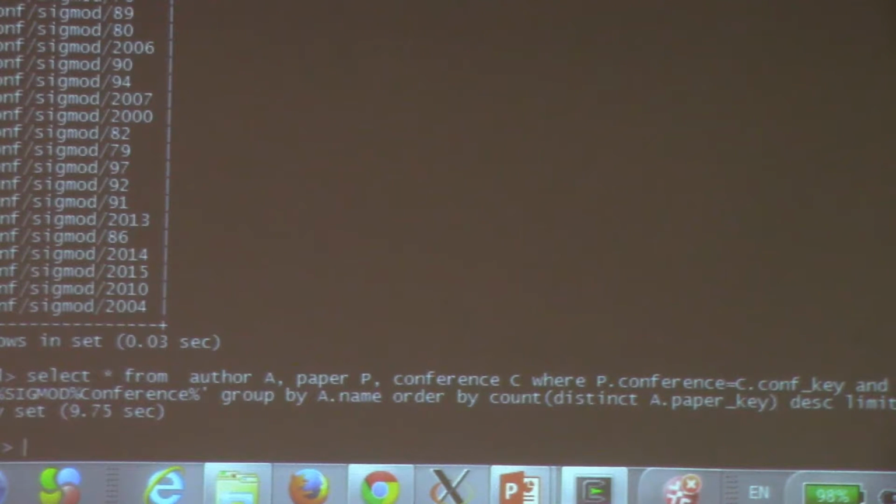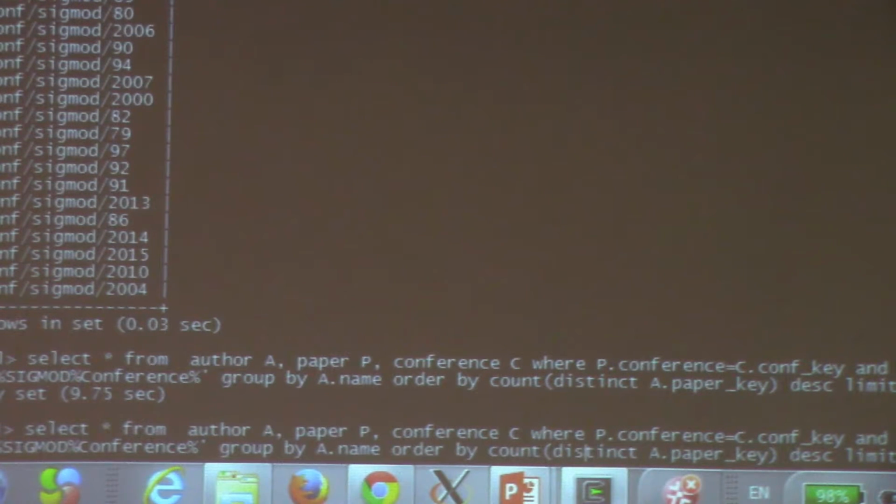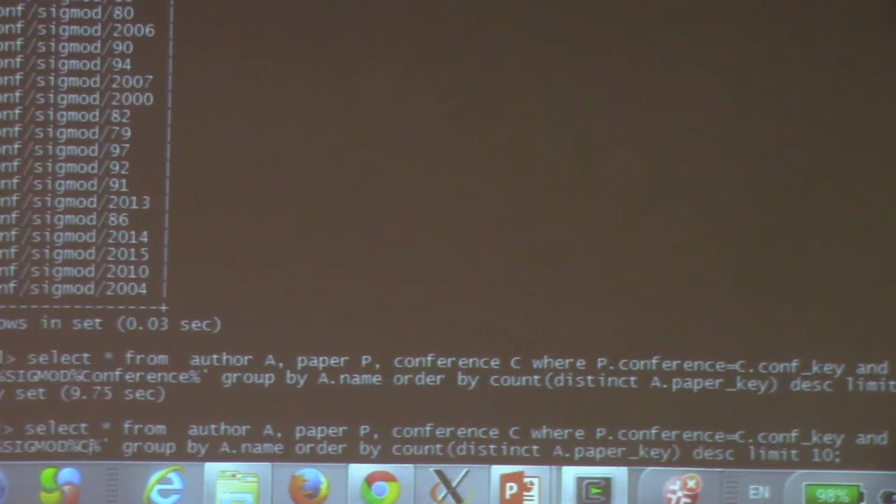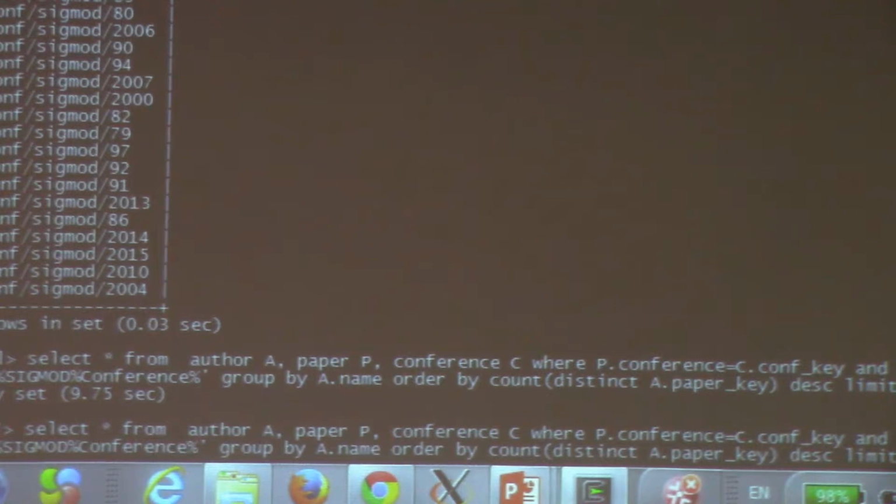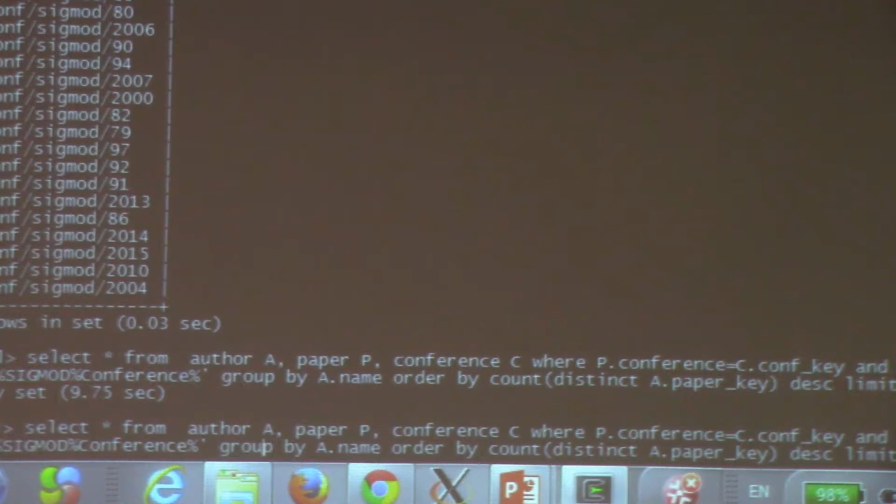So something's wrong. Click on conference. Oh, I had a typo over there. Is it right? C-O-N-F-E-R-E-N-C-E. And the c.name, is that a lowercase c?